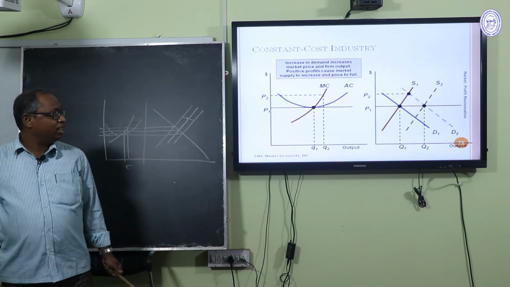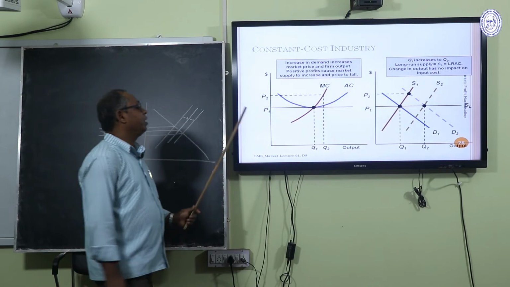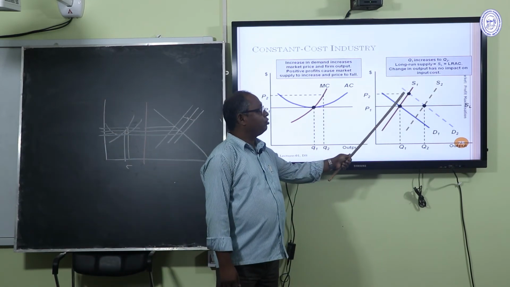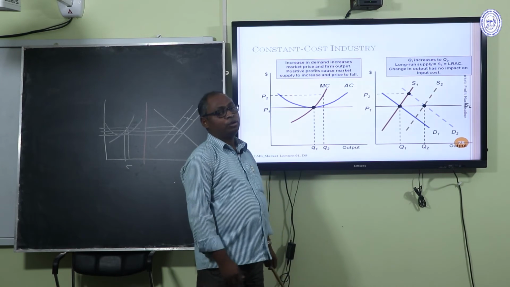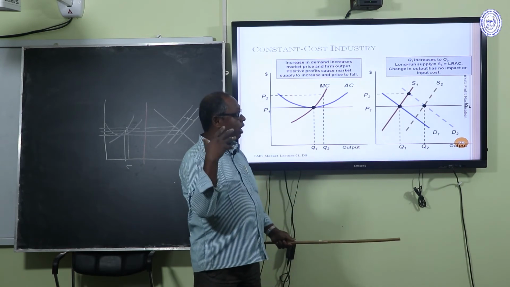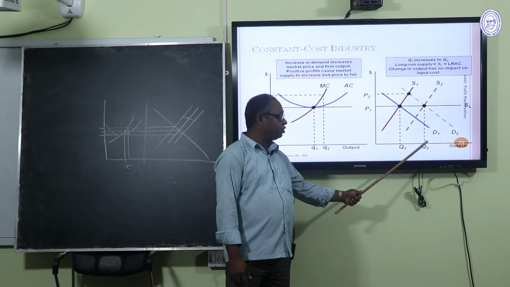So with new entry of firms, what will happen? The initial output in the circle is Q1. Now with the new situation, new demand, output is Q2.